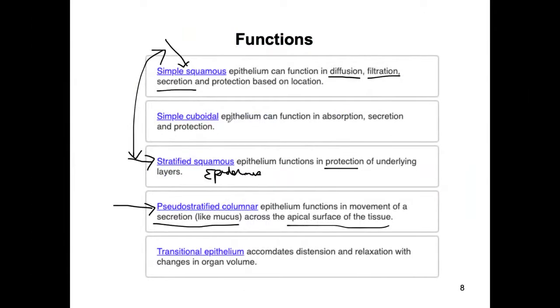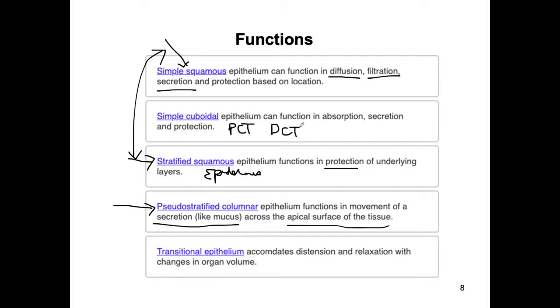Simple cuboidal we're going to find around the kidneys, along the tubular system of the kidneys. And within the kidneys, we have a structure called the nephron, which is the functional unit of the kidney. And the nephron has areas that we call the proximal convoluted tubule and a distal convoluted tubule.